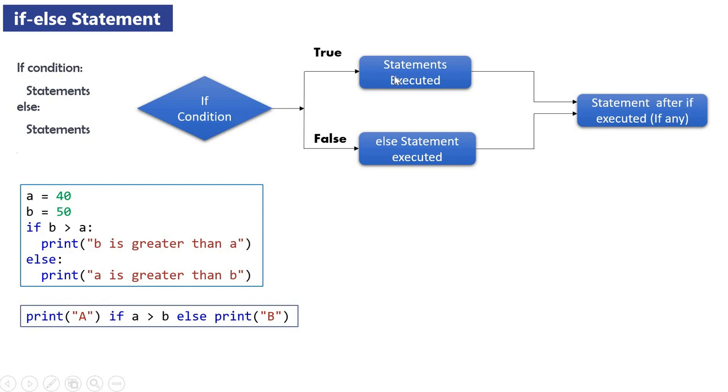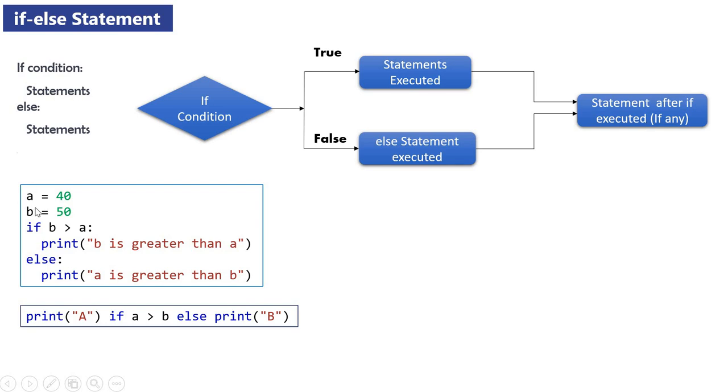And if that condition is false, in that case the else statement will be executed, meaning whatever is mentioned inside the else part will be executed. And after any of these statements is executed, if there is some statement outside this if and else statement, then that statement will be executed.